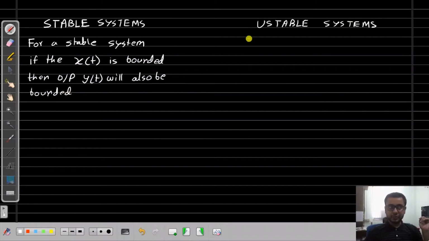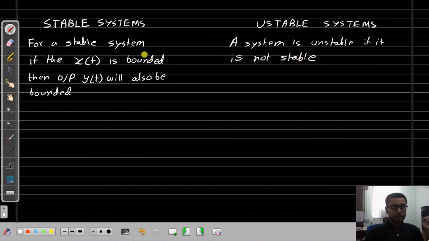And a system is unstable if it is not stable. So if this system fails to obey this criteria, then we call the system unstable.